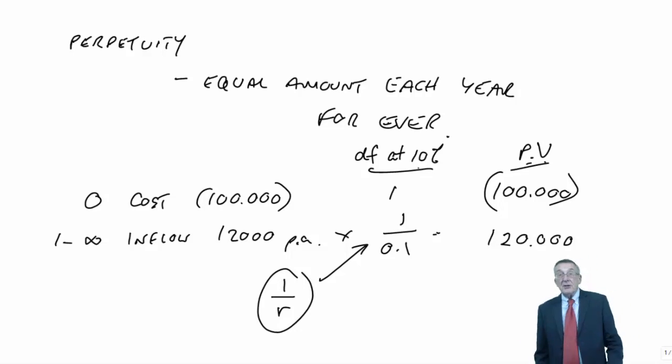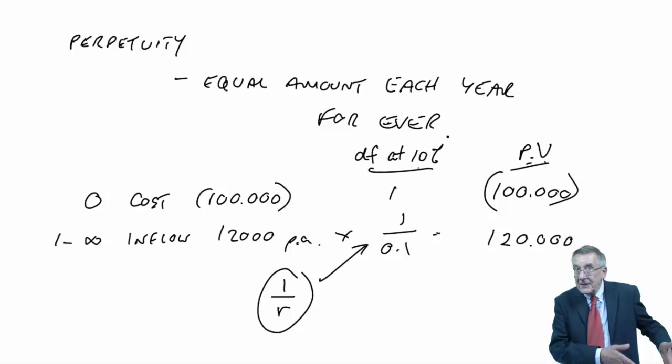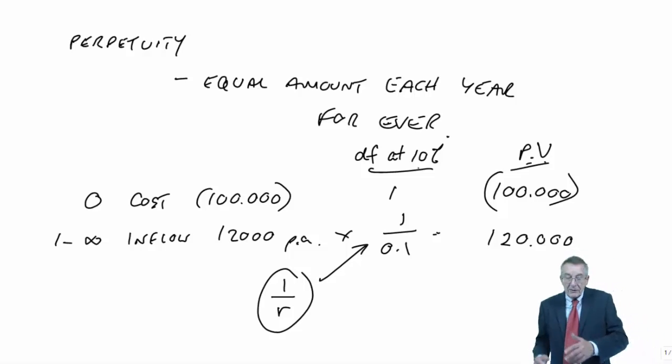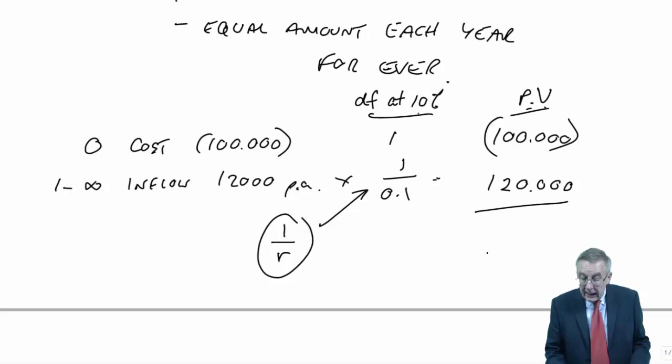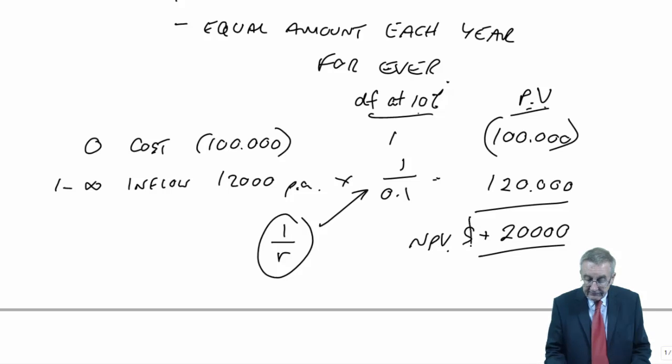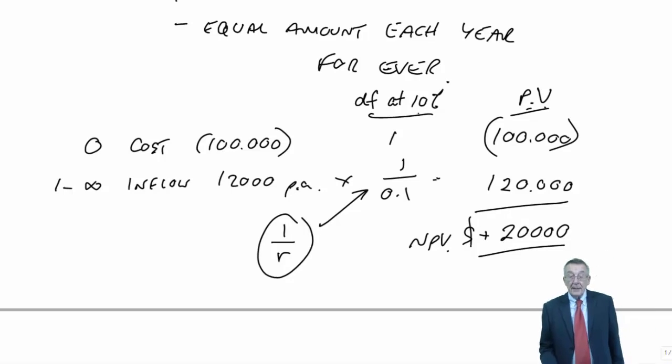And how did I know I needed to put 120 in? I worked backwards. At 10% a year, to generate 12,000 interest, we'd have to put 120 in the account. Whatever, there is the logic, but there's the formula. And to finish it, the net present value is 20,000. And of course it's positive. We'd accept.